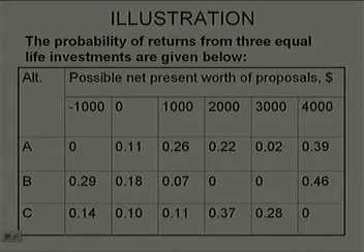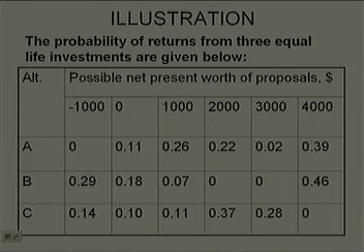So, I am quite sure that this is going to happen. Similarly, for B, if you see, the maximum probable value is for $4,000 and its probability is 0.46. Now, for C, if you look, you will find that the maximum probability is corresponding to a net present worth of 0.37.